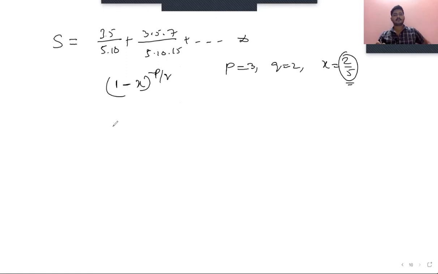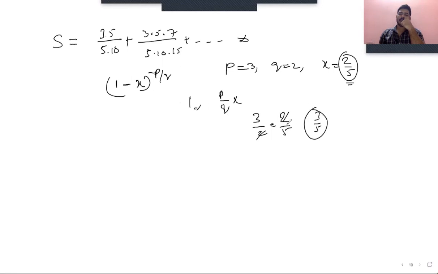So only the first and second term are missing. The first term will be 1 always. The second term will be p by q into x. That is, in our case, 3 by 2 into x, which is 2 by 5. So it will be 3 by 5.